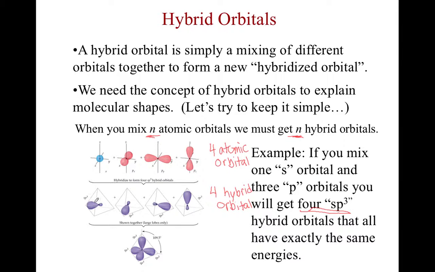And so you can see here, it has part of the shape from the P orbital, and this black dot is the center, and that's in the center of the S orbital. And so it has some of the P and a little bit of the S. And so these 4 SP3 orbitals arrange together to form a tetrahedral shape.